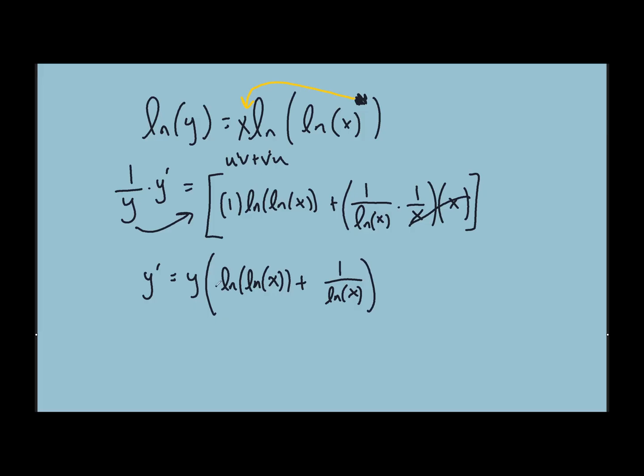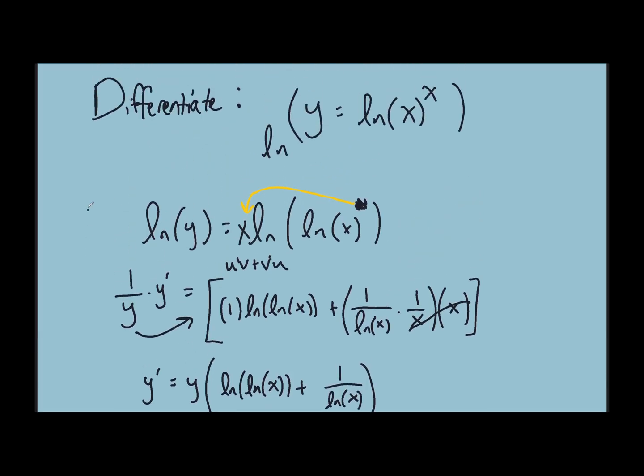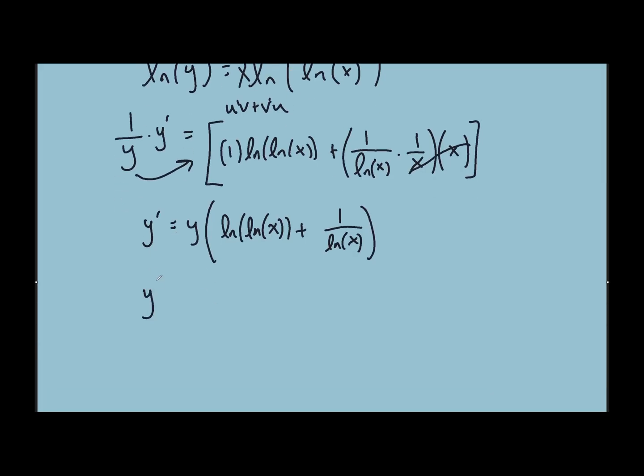Maybe we can also do a natural log over a natural log there. Is that too much? What was our y value? Our y value was natural log of x to the x. So I think our y prime is equal to natural log of x to the x times, I really want to put natural log of x on top and bottom here, but I don't think it's going to make it any cleaner.